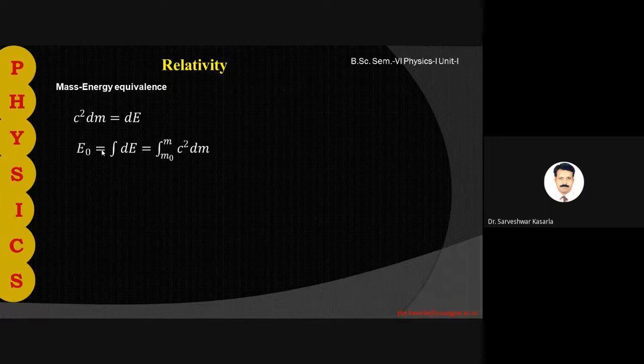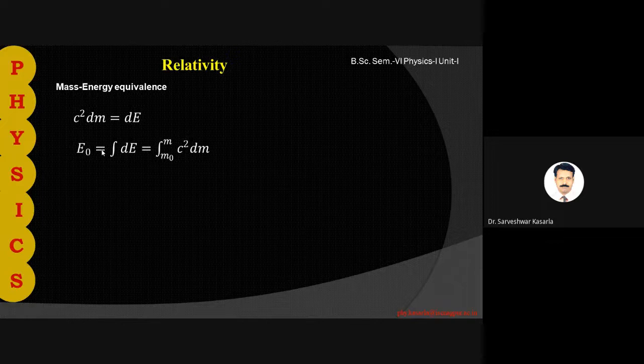Now if you integrate, what is the change in energy? That change is occurring due to change in mass. And how is the mass changing? The initial mass, or rest mass, is m0, and the mass is increasing to m because of the velocity. So that change in energy can be estimated by using integration.